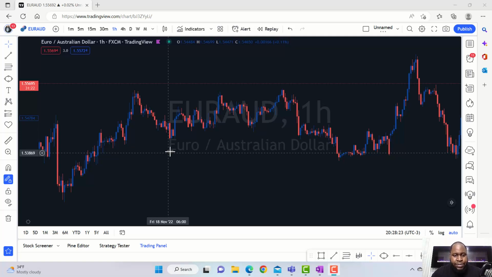Okay, so we're on EA, Euro Australian dollar, and we're going to talk about how we can use supply and demand and really take advantage of opportunities in the market. The first thing I want to do is draw my support and resistance areas.